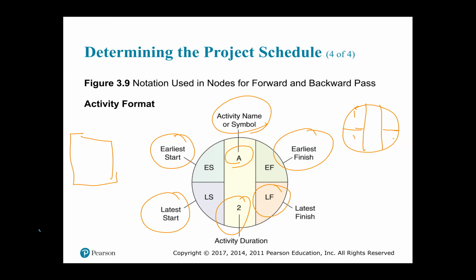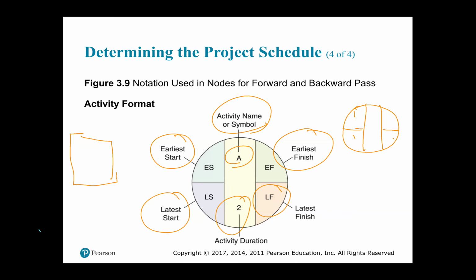So if you're going to use a square, the information is usually displayed in a similar manner. So you do not have poetic license or artistic license to display the late finish in the top left or move the late start in the top right. The information is pretty much displayed just as is here in the particular order.